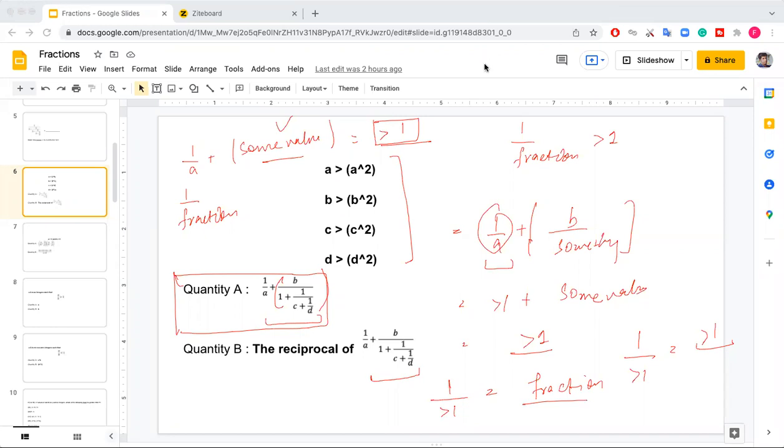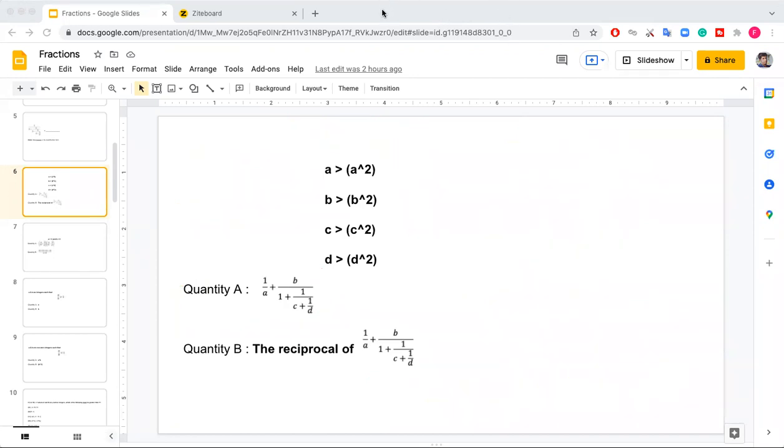Can you please explain that property again, where you said that A is greater than A square? Okay, let me show you. I got the same answer by substituting values, but never go for substitution in this scenario. You are asking how I come up with the range of 0 to 1? Yes.